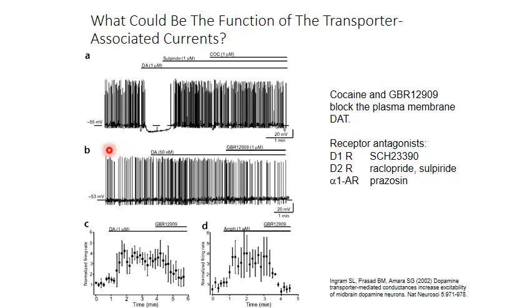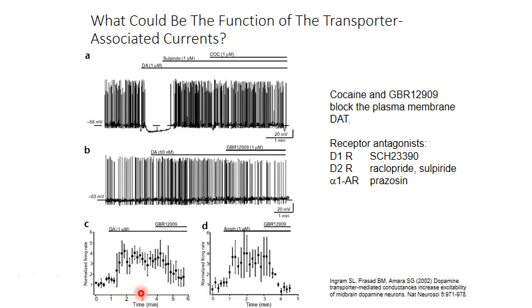In B, all of the various dopamine receptors are blocked. So in this condition, adding dopamine doesn't hyperpolarize, which is the response of the D2 receptor, but rather one sees again this increase in frequency of firing that is blocked when the antagonist for the dopamine transporter, this GBR compound, is added.